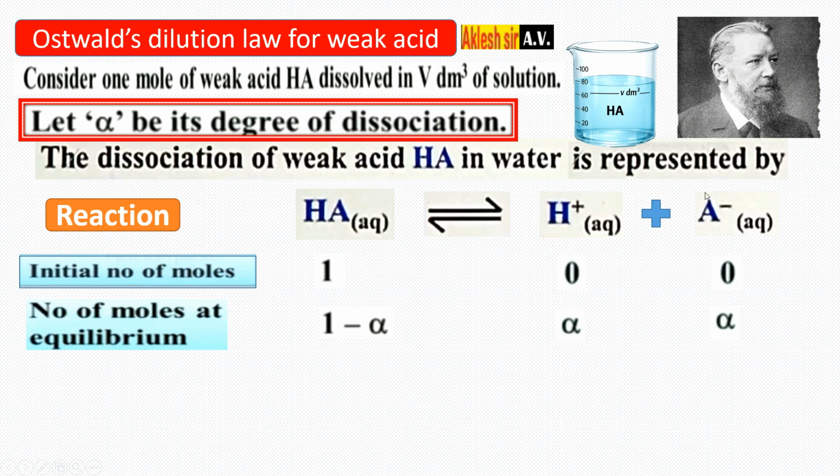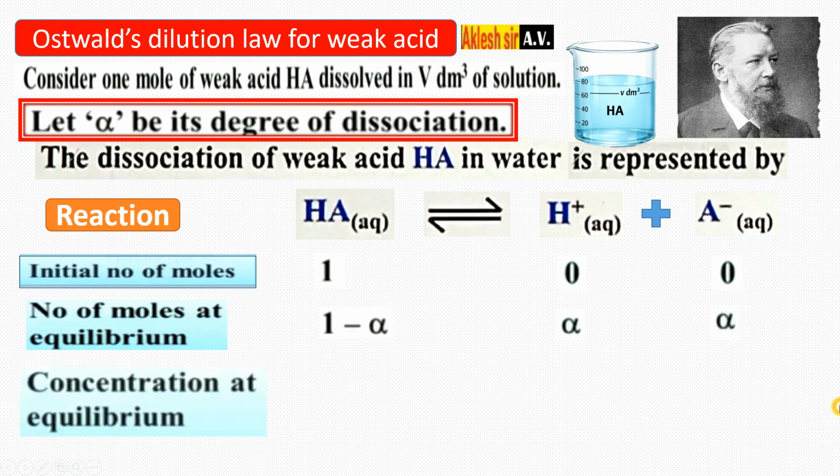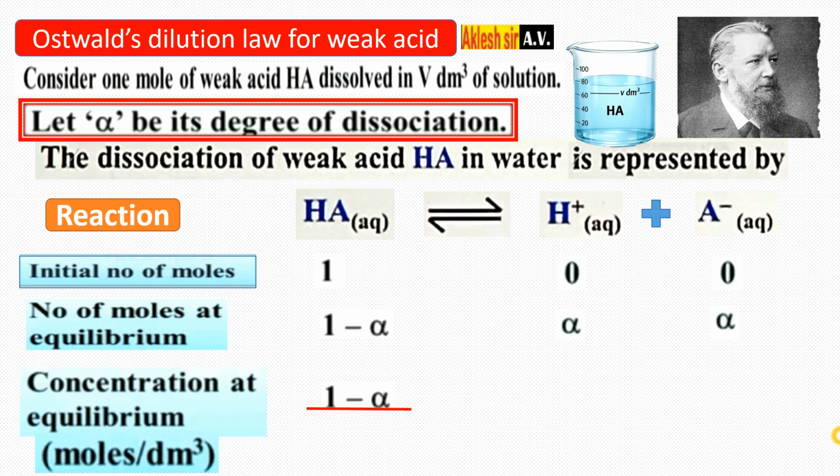Alpha is the degree of dissociation, giving the number of moles of H plus ion and A minus ion. Now the concentration at equilibrium: concentration is moles per liter, so you divide the moles by the volume V. The concentration of HA is 1 minus alpha upon V. The concentration of H plus is alpha upon V, and similarly the concentration of A minus is alpha upon V.